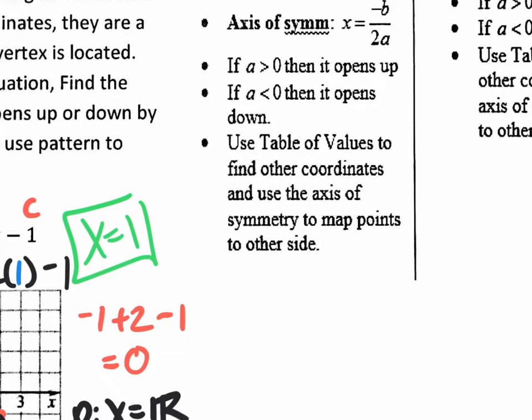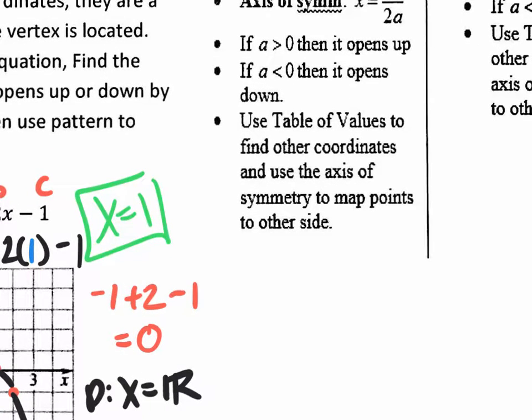So I might as well just jot this down quickly right here. Let's say your a value is 2, then it gets vertically stretched. It gets narrower, right? An a value of 3 gets even narrower. If it gets closer to 0, like an a value of 1/2, then it gets wider.